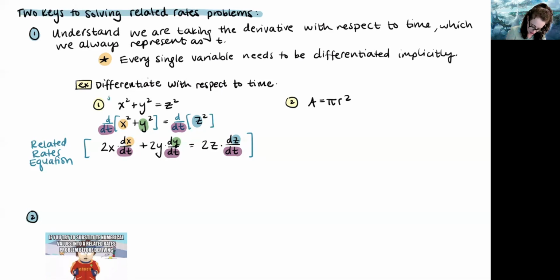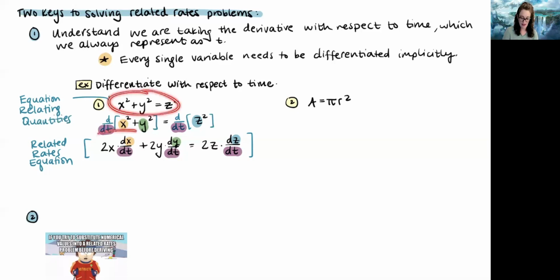This is the original equation that relates the quantities. So this one doesn't relate the rates, this one relates their actual amounts, but they're related. The original one gives rise to an equation that relates the rates of change of each of the variables. That's the whole point of this.